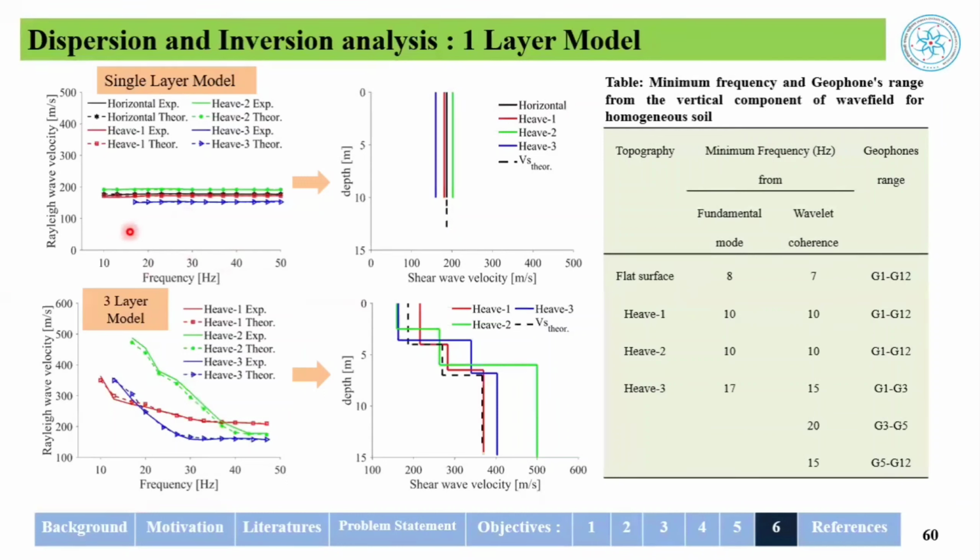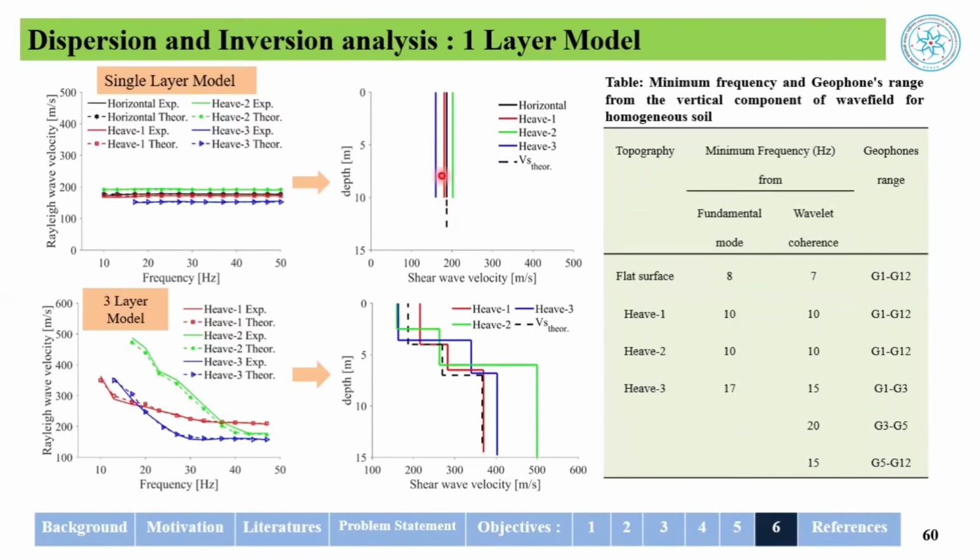Using this minimum frequency range, we inverted and obtained the constant Vs profile. For these topographical undulations, heap 1 and heap 3 have similar positioning of the sources, so the Vs is underestimated. In the case of heap 2, it is overestimated.